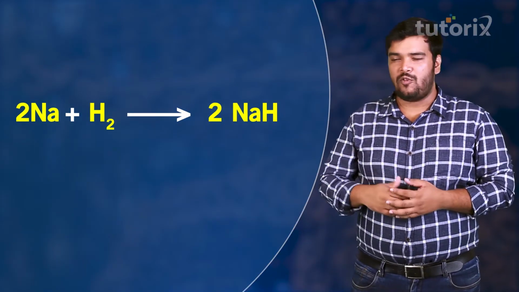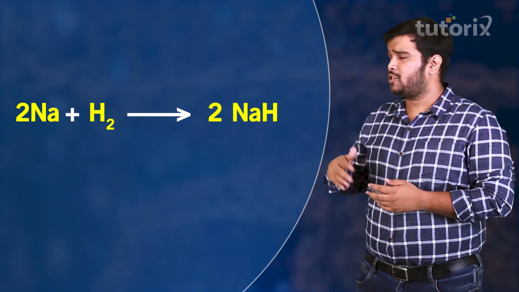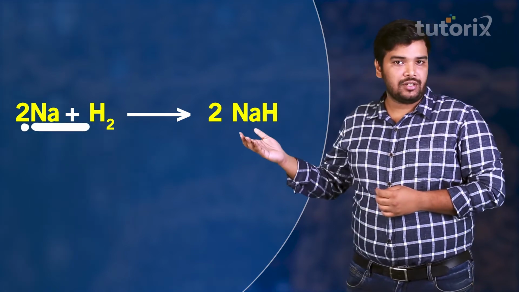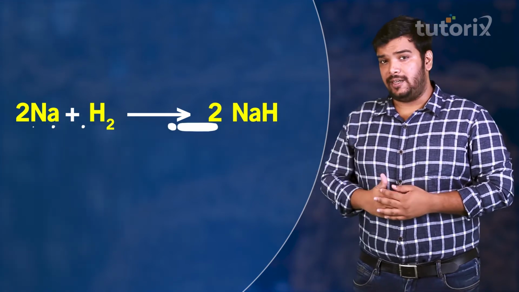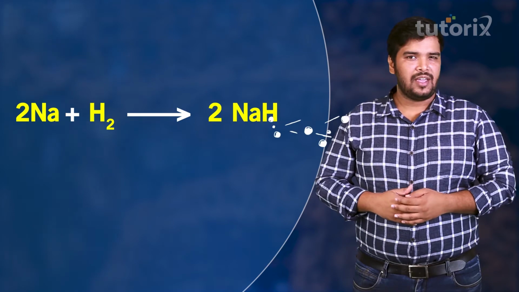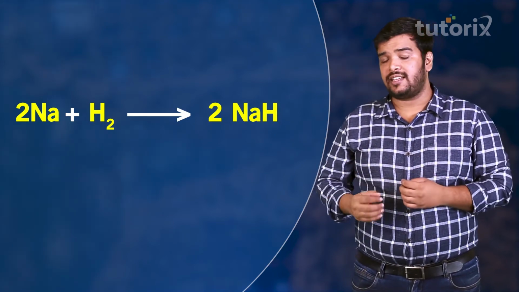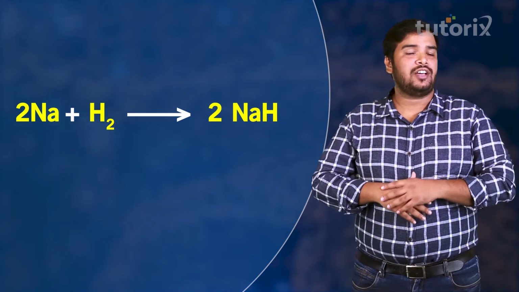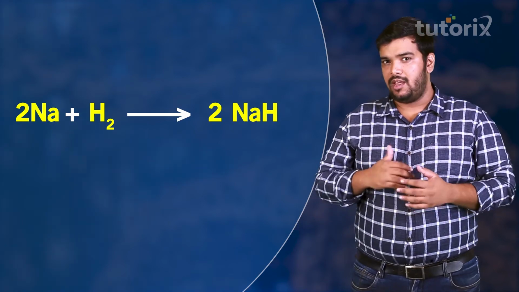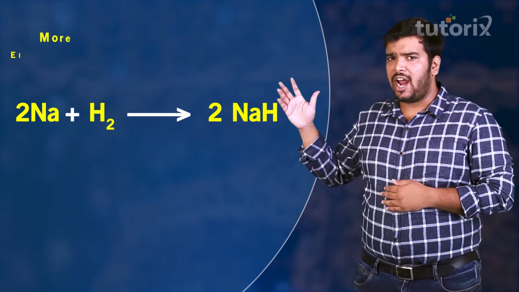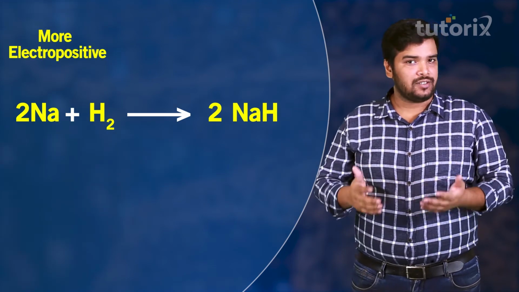Now, let's look at one more reaction where we have sodium reacting with hydrogen to form sodium hydride. Now, in this reaction, to identify who is getting oxidized and who is getting reduced, we have to change our approach completely. Now, among sodium and hydrogen, who is more electropositive?